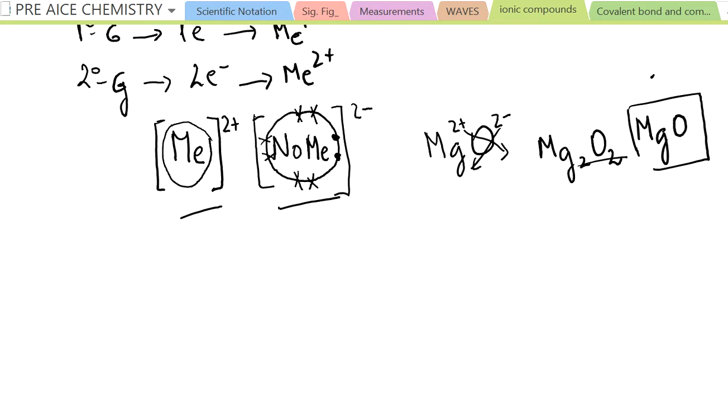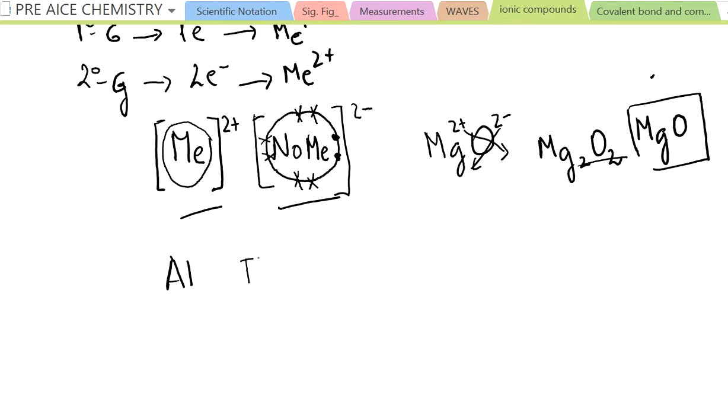The same if we need to do another one. For example, if we have aluminum and chlorine. Or let's do another one. Let's not do chlorine. Let's do fluorine, because with the aluminum chloride there is a problem.